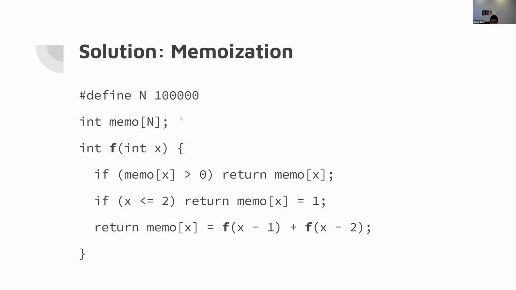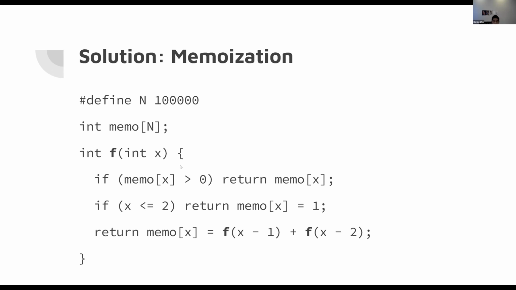So in this example, we can assume that if the value is 0, then we've never calculated it before, because all the values in the sequence are positive. Memo is just the array that we're using to store the values that we already calculated.